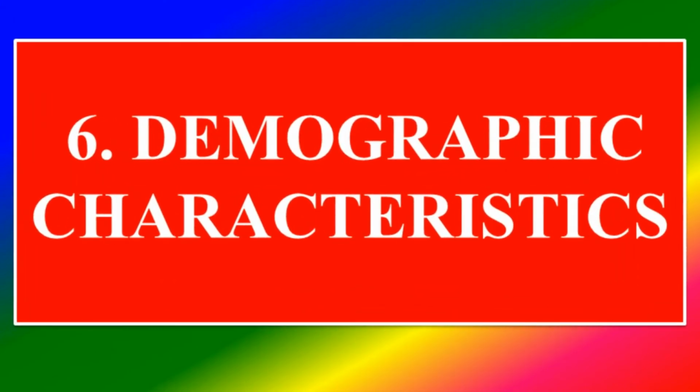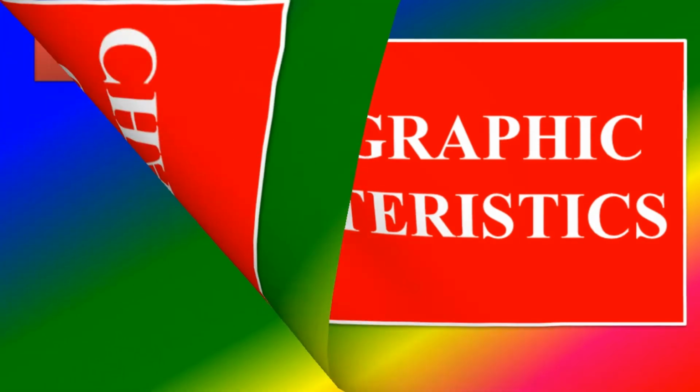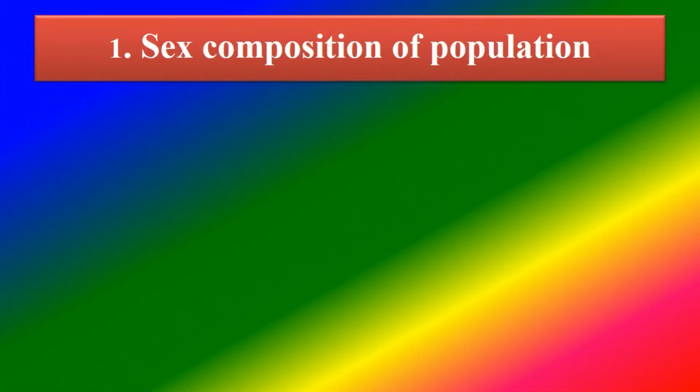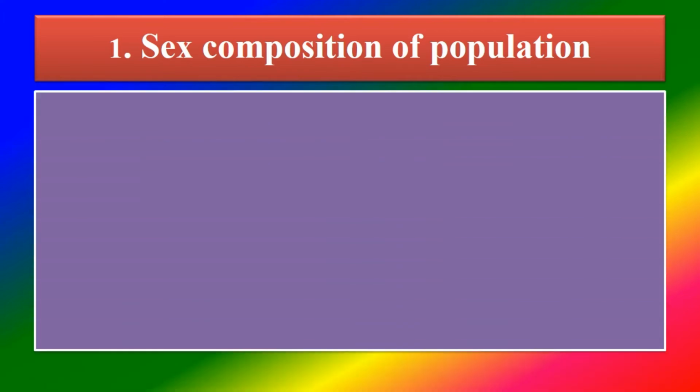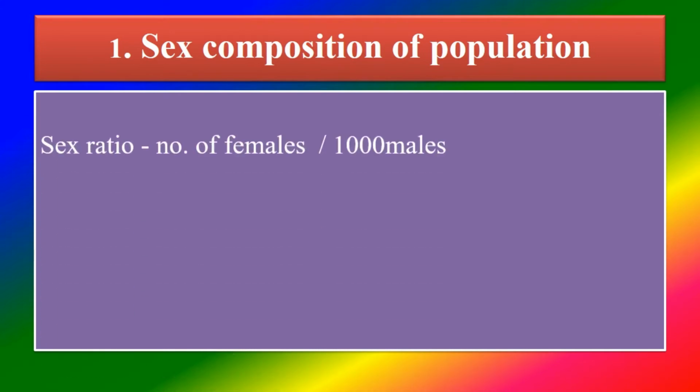Next section, demographic characteristics. First demographic characteristic, sex composition of population. Sex ratio is the number of females per 1000 males.